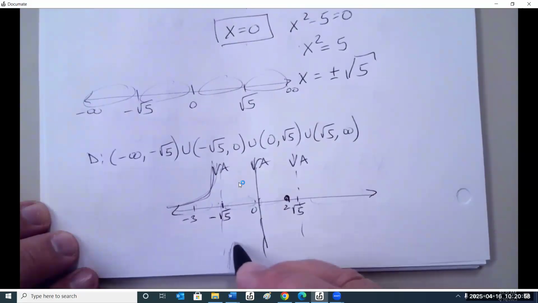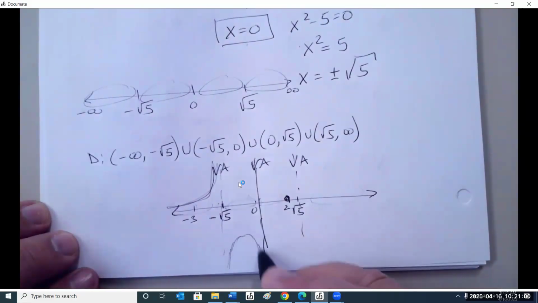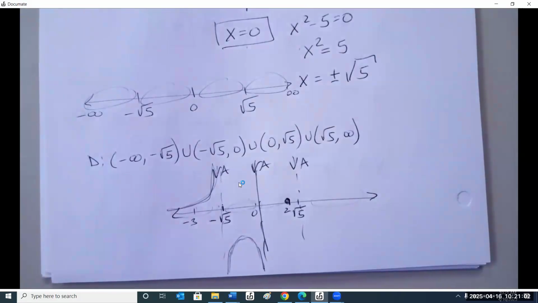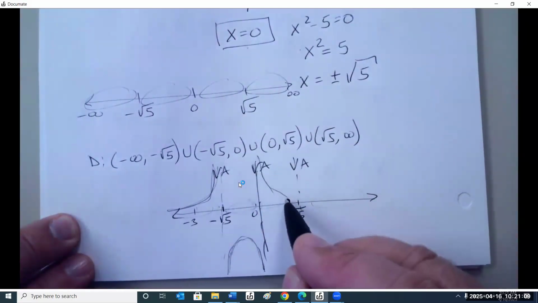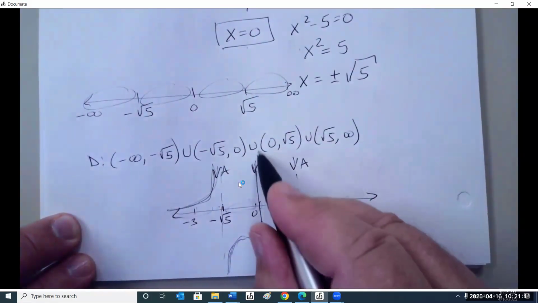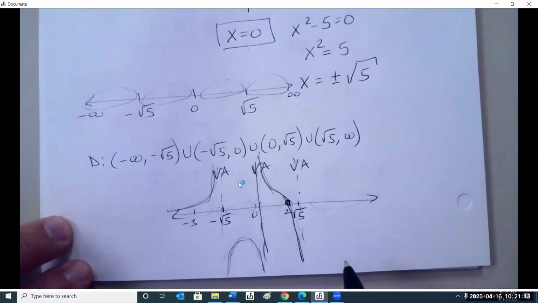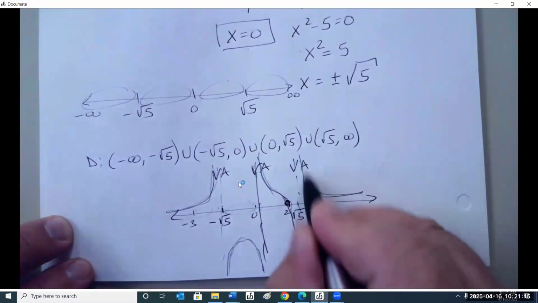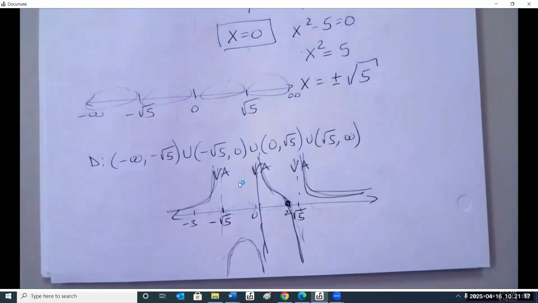But because I'm going to define next as a horizontal asymptote, we have a horizontal asymptote that this number can't cross. And then this one. And here's a rough sketch of it.